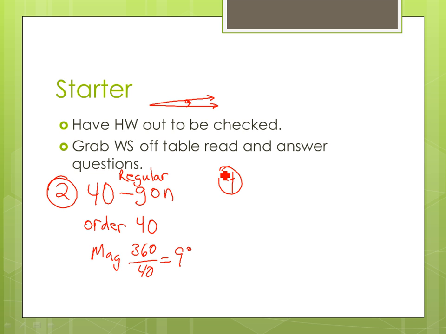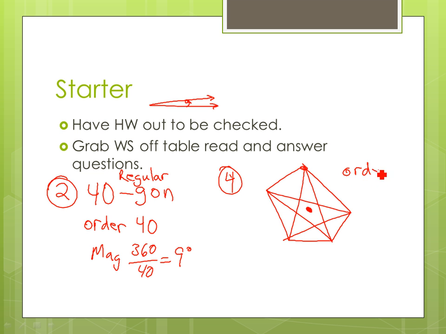Number 4, we have a pentagon, and that pentagon has a star in it. Remember, we've got some point right here in the middle that we're rotating it around. You can probably see that the order is going to be 5.